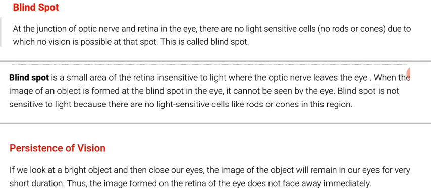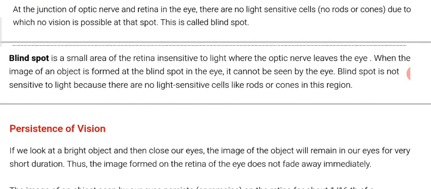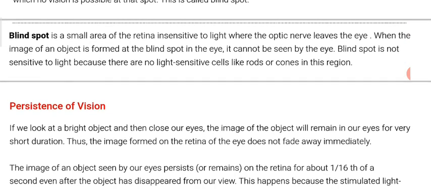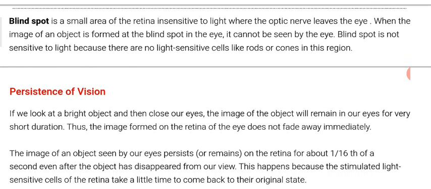Okay, now let's see the blind spot. At the junction of the optic nerve and retina in the eye, there are no light sensitive cells, no rods or cones, due to which no vision is possible at that spot. This is called the blind spot. The blind spot is a small area of the retina insensitive to light where the optic nerve leaves the eye.